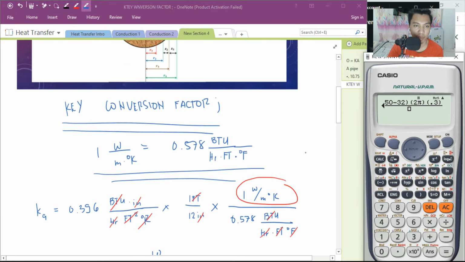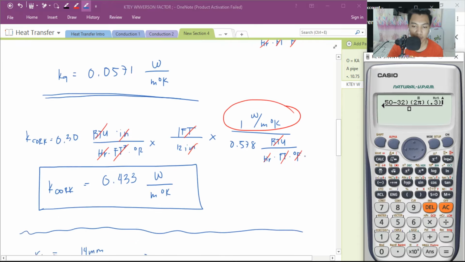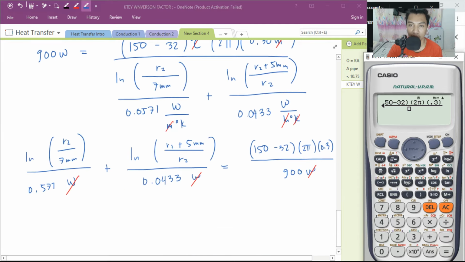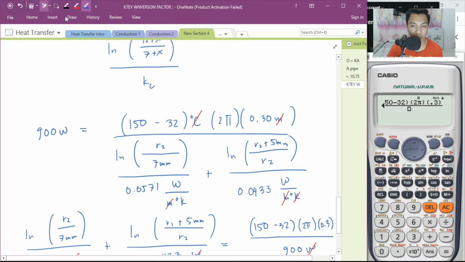Hindi naman siya 30 meters. Ay, 30 meters. Baguhin natin. 30 meters siya, akala ko 30 cm. Sorry naman. Tapos dito baguhin ko na rin.